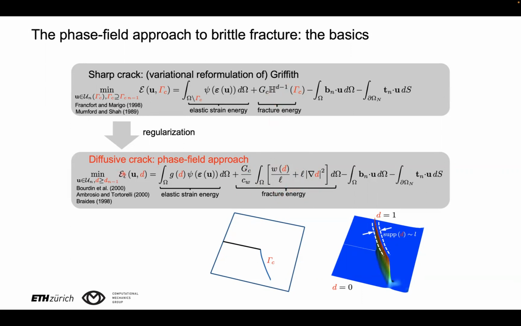And now it is through the minimization of this functional that we derive the governing equations that will allow us to solve a fracture problem basically through the solution of a set of governing PDEs.